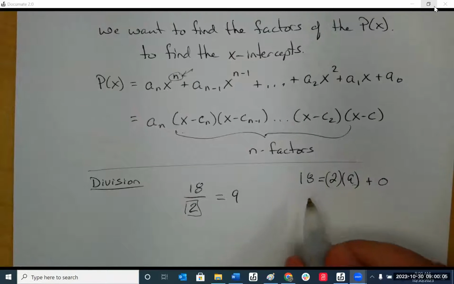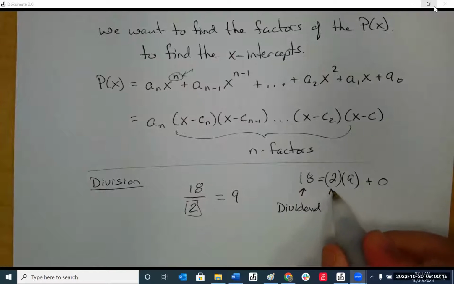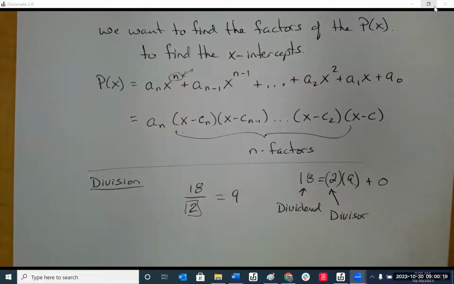So the top number is called the dividend. The bottom number is called the divisor. The answer is called the quotient.